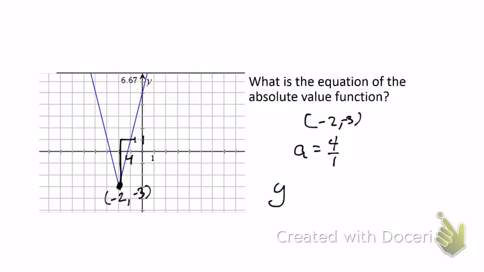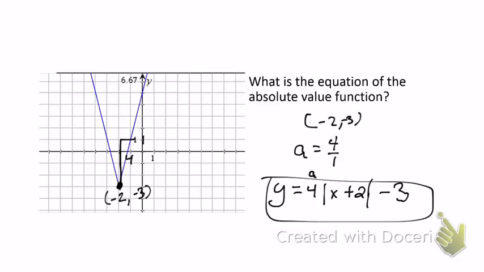So when I go to write my equation, I have y is equal to our a value, which is 4, absolute value of x, and since it's -2, we have x minus -2 would be plus 2, and then minus 3. And it's really just about filling in the blanks. The biggest thing to remember is the x should flip signs.